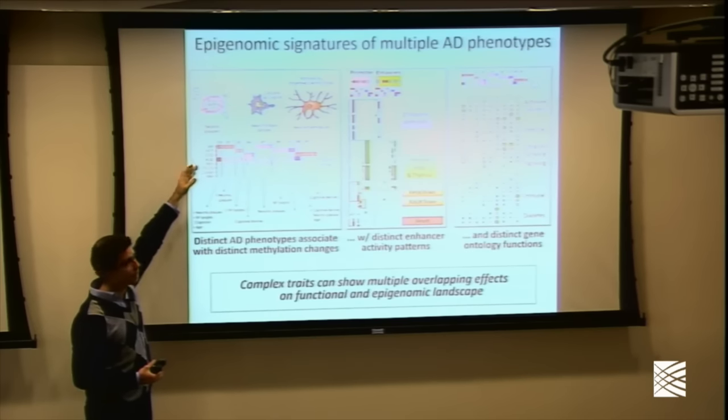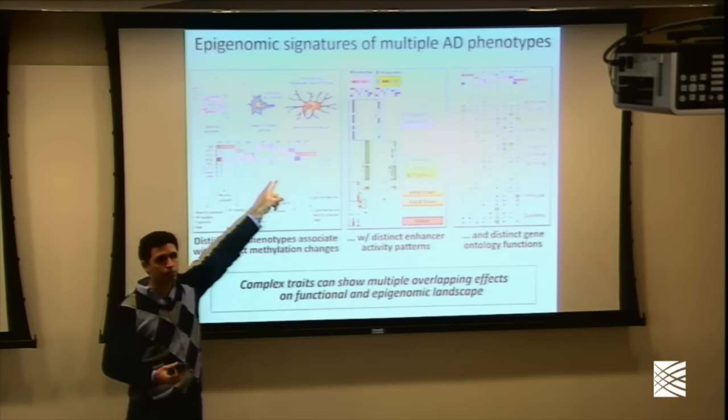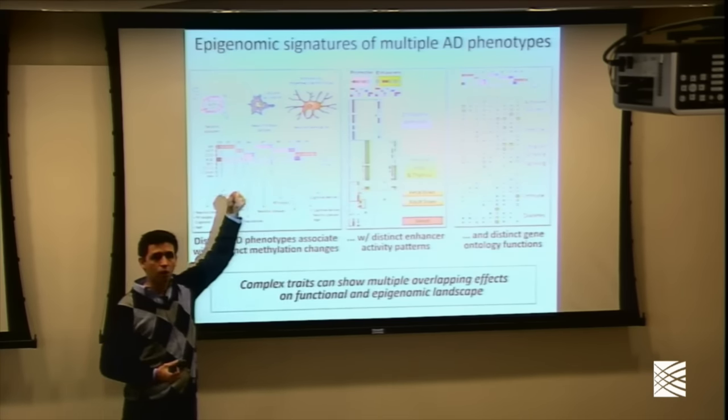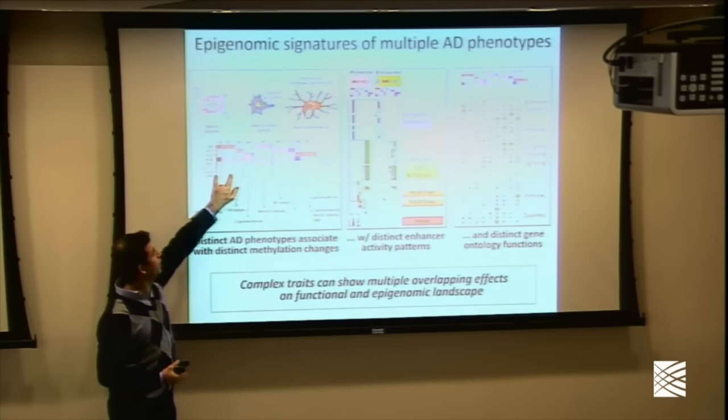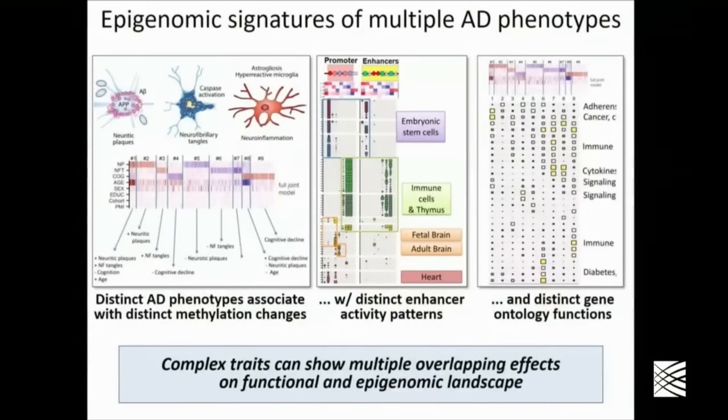And we can ask which methylation probes across the genome correlate with which combination of phenotypes. And we can cluster the different probes across the genome together into effectively coherently associated subsets and ask, is there some common biology to these subsets? And the answer is yes.